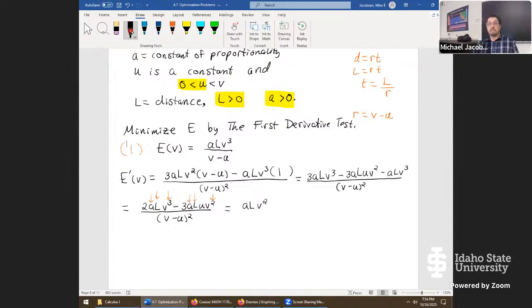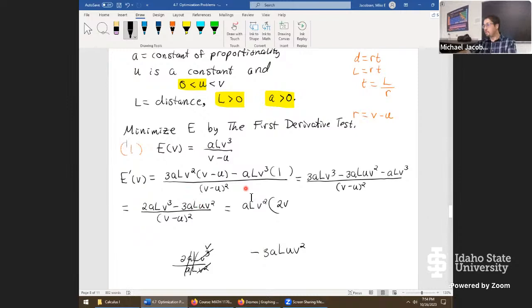Okay, next thing we'll do is, after pulling out ALV squared, visually, this is all you're doing. Take 2ALV cubed, and you're dividing it by the greatest common factor, ALV squared. We have cancellations here to here. V squared into V cubed leaves V. So 2V on the first one after factoring out ALV squared. Let me do it again. Minus 3ALUV squared.